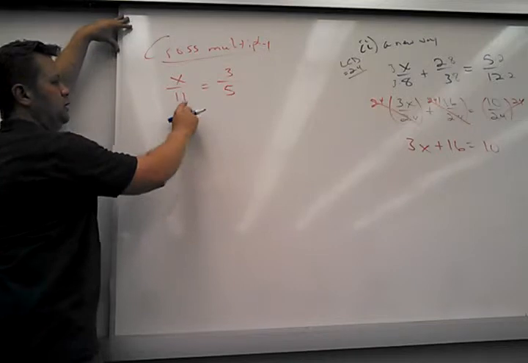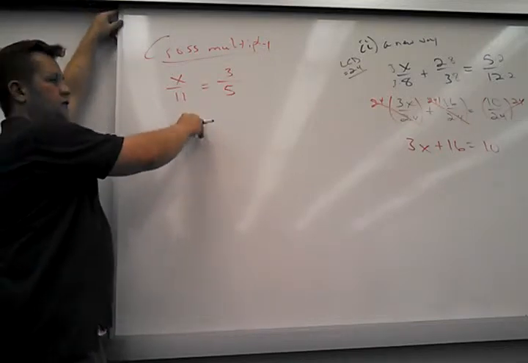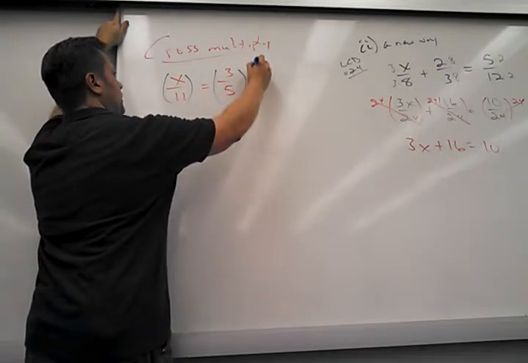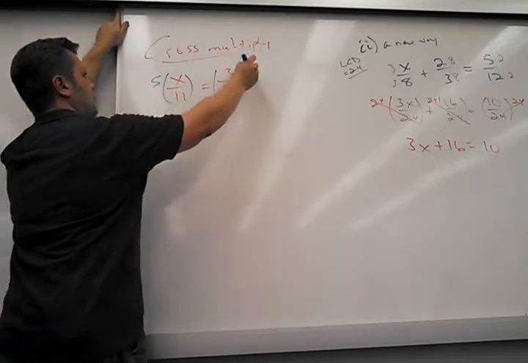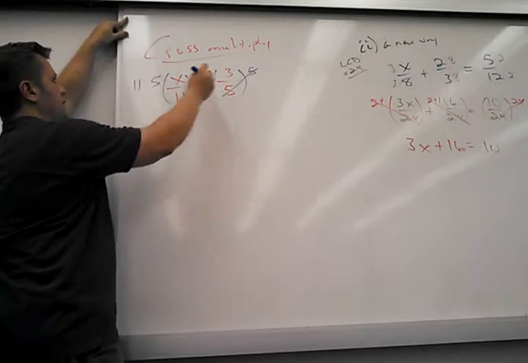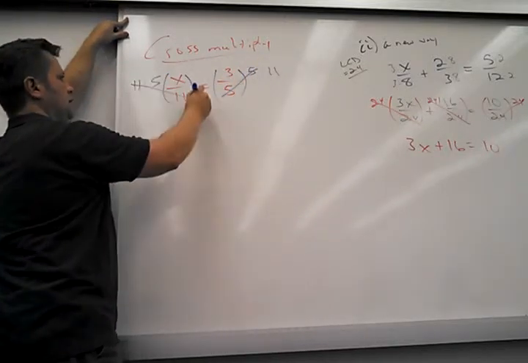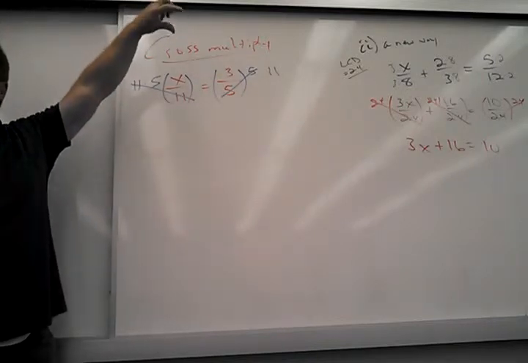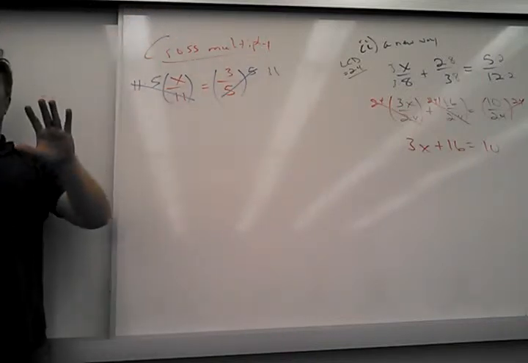What would the LCD be between these two? 55. So if you multiply this by 5, doesn't that go away? Yeah. And if you multiply both by 11, doesn't that go away? So didn't I really multiply by 55 on both sides? You with me? Let me just let you absorb that for a second.